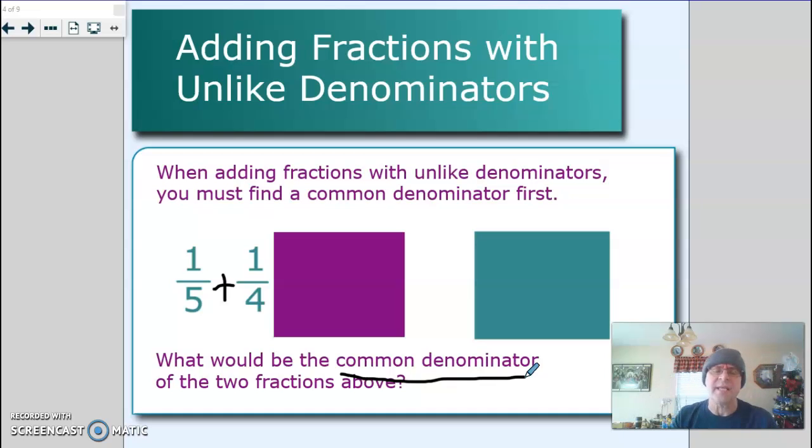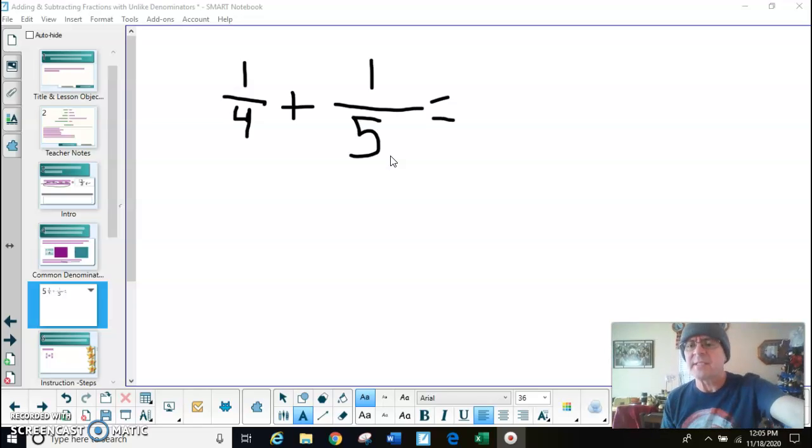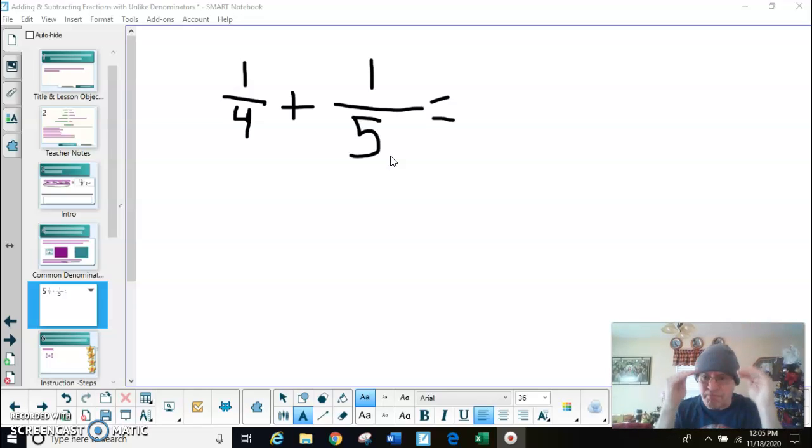So let me show you an example: 1/4 plus 1/5. We cannot do this problem as it is written because our denominators are different. What we need to find are denominators that are the same, and really what we would like to find is the least common, the smallest one. You can do it with a bigger one, it's just going to leave you with more reducing time at the end.